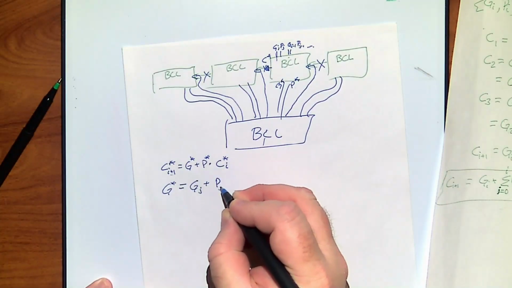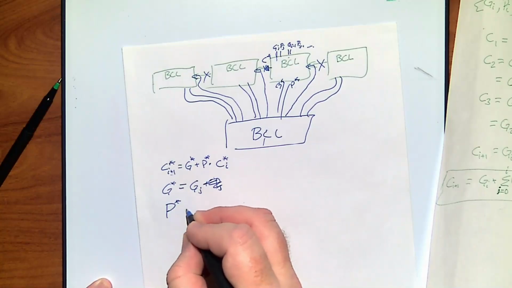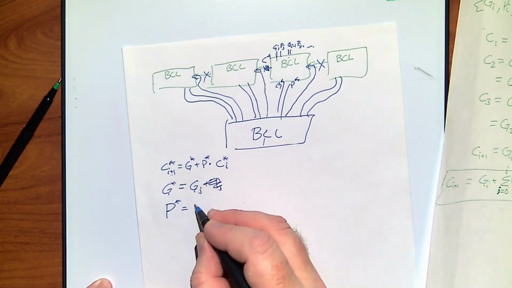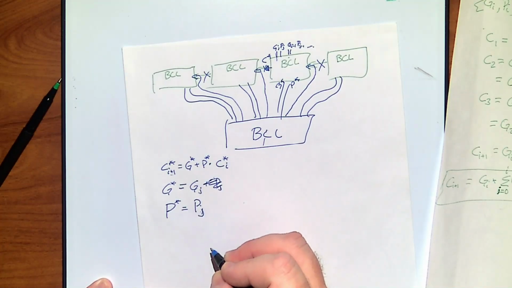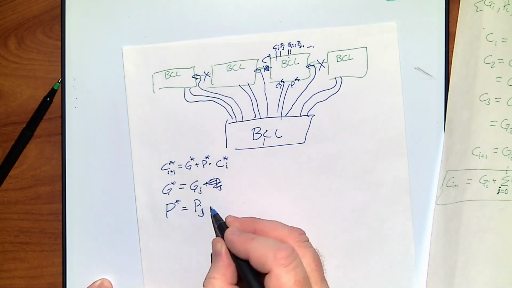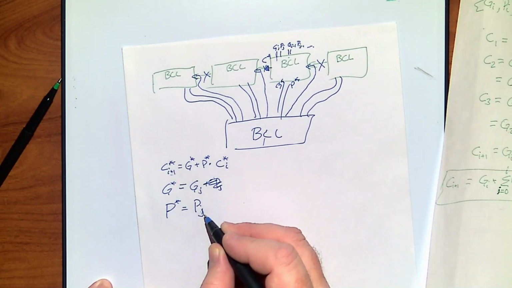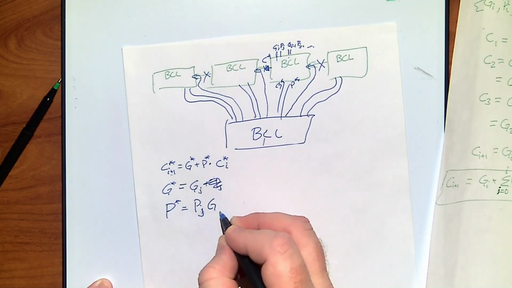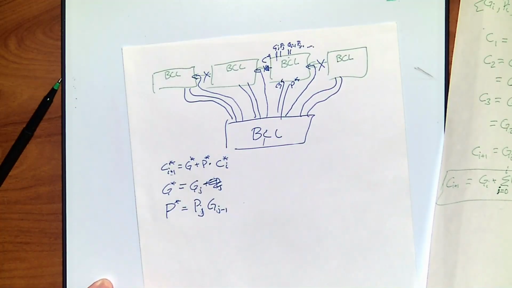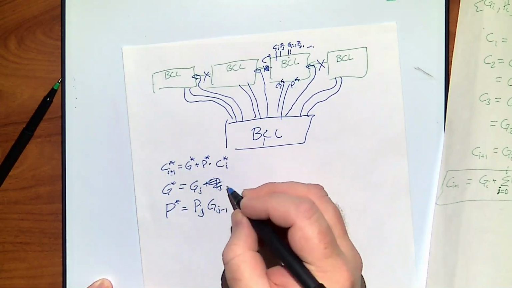So what would P star be? PJ is true. PJ would have to propagate something from the previous level. And if the previous level had a generate, would I get it?